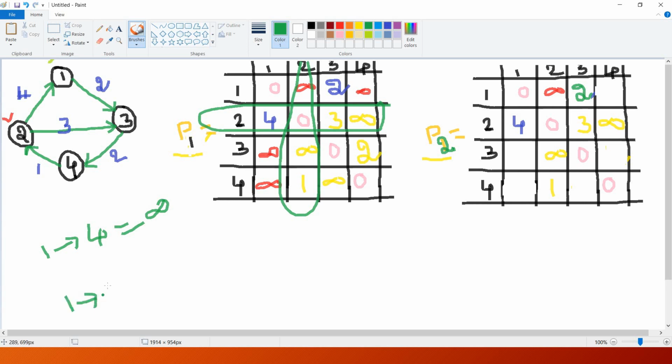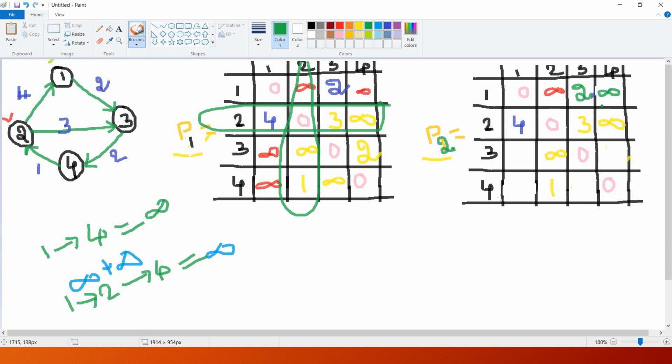So 1 to 2, 2 to 4. Let us find out how much it will be. 1 to 2 is infinite plus 2 to 4 is infinite. Ultimately I will get infinite. So infinite will remain same. No change in this.